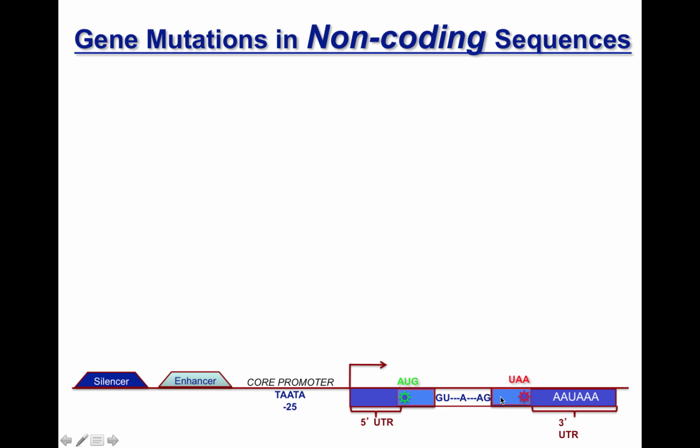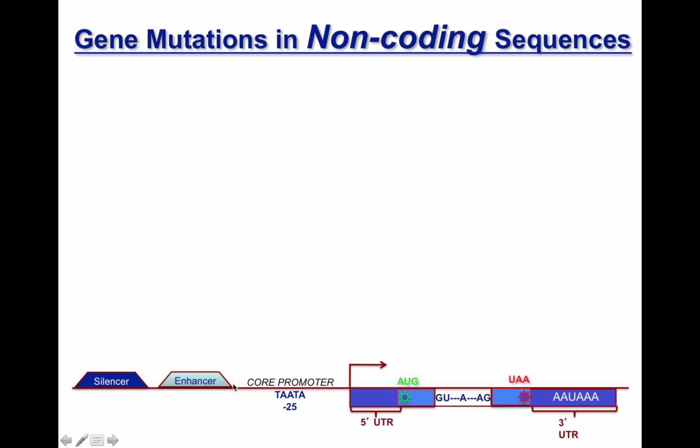It starts with an AUG and ends with the stop codon. Here are our consensus sequences for removal of our intron, GU, AG with an A in the middle. This is our cleavage and polyadenylation signal in the 3' untranslated region. Here's our 5' untranslated region. Here's the core promoter with a TATA box, an enhancer, and a silencer. Everything you need for a eukaryotic gene.